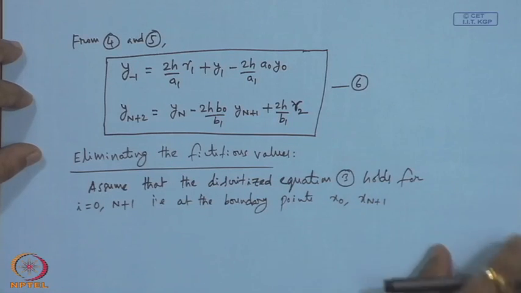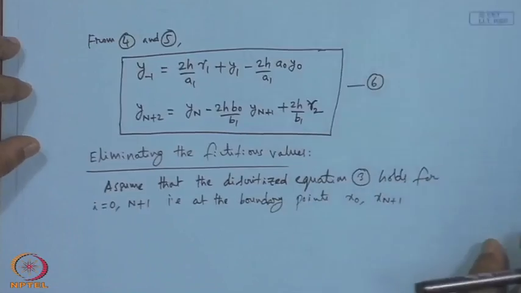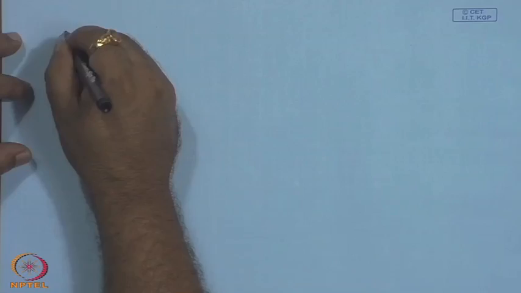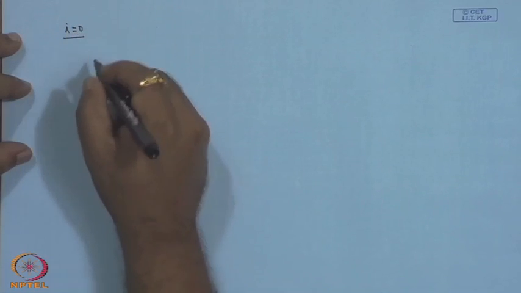So, this is the alternative. Accordingly, i equals 0.